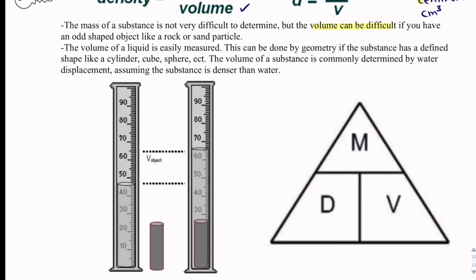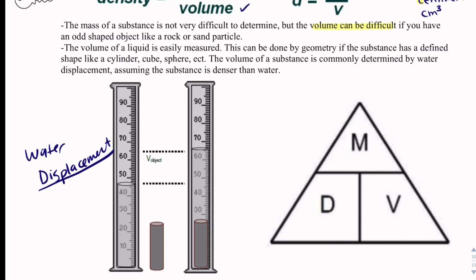And so what we're going to do when that happens is something called water displacement, okay? And sometimes this is just called displacement because it doesn't have to necessarily be water. What we're going to do is fill up a graduated cylinder with an amount of water. And this looks like it's 40 something milliliters.